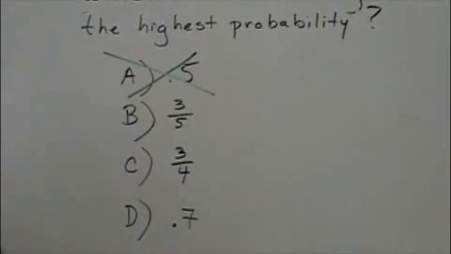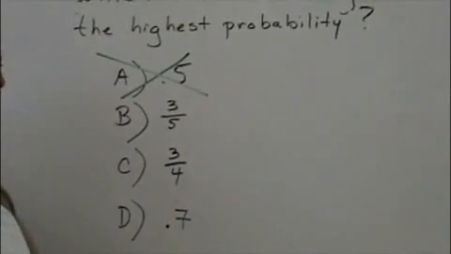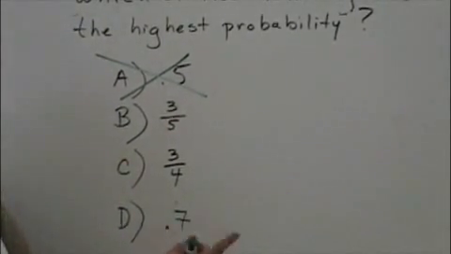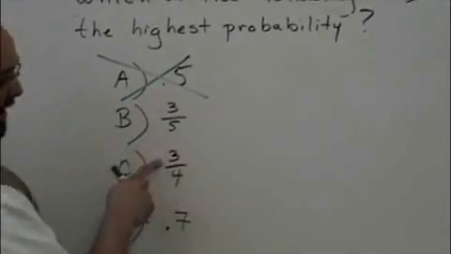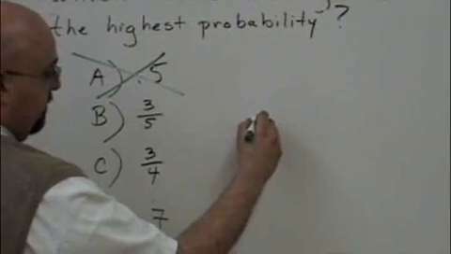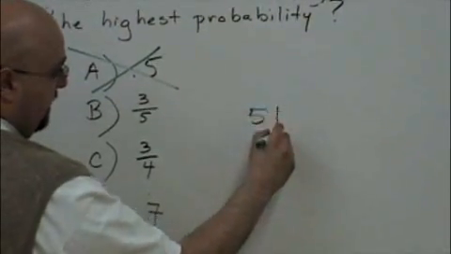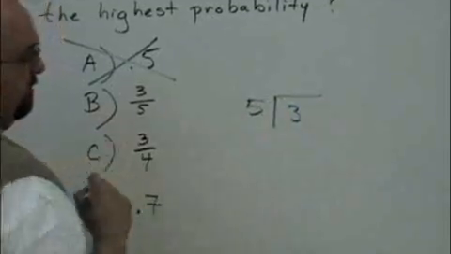One way you can do that is to convert each ratio into a decimal. And in order to do that, all you have to do is the division. So 3/5, or 3 divided by 5, I can turn that into a decimal by understanding that I'm dividing 5 into the number 3.